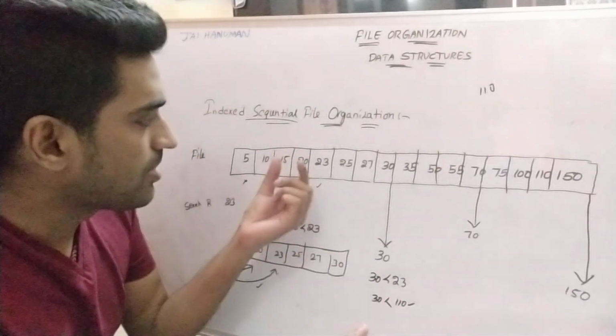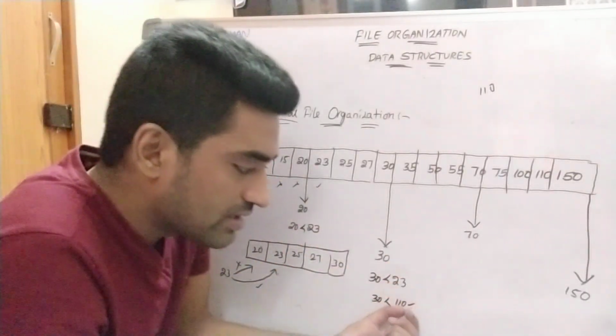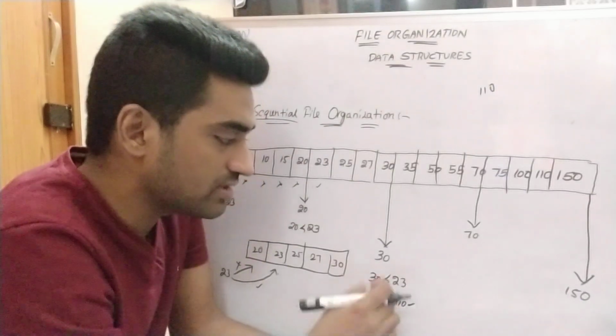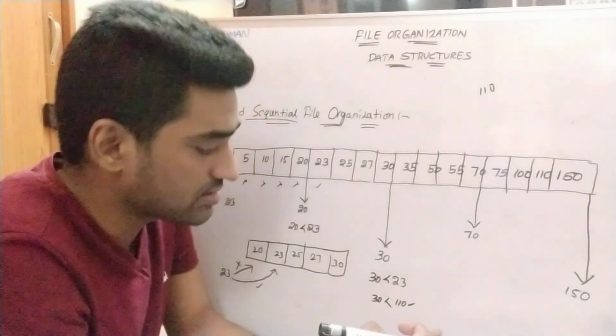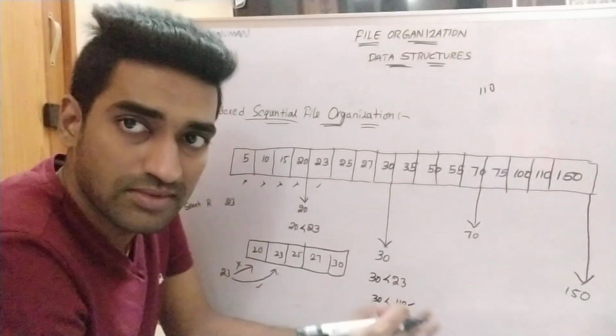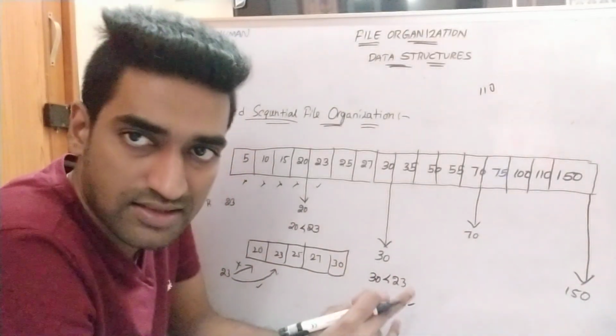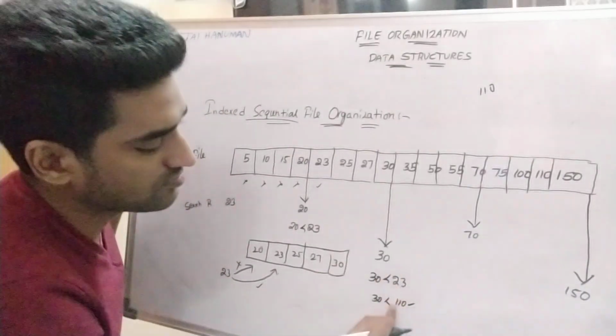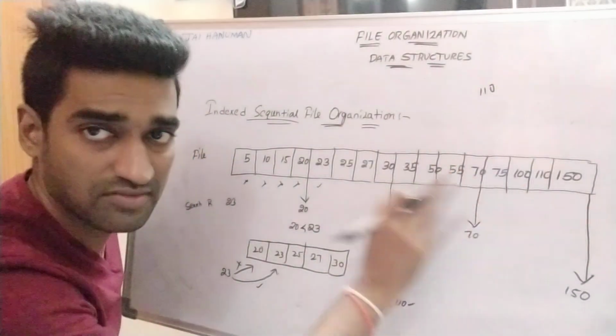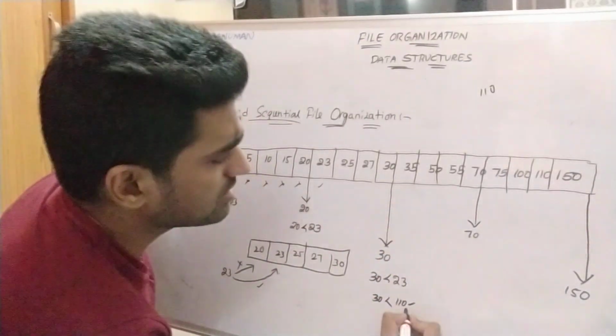Here, the find record is compared with the index value. Once the condition is true, we can search the right sublist, otherwise we search the left sublist, right? Here this is true, so we search the right sublist. So 30 less than 110.